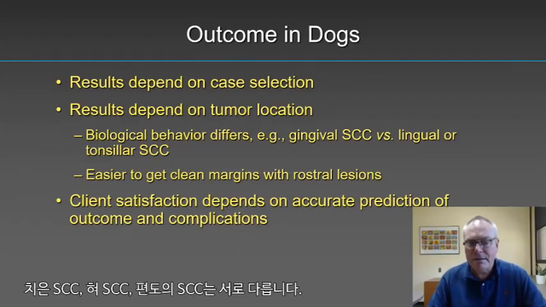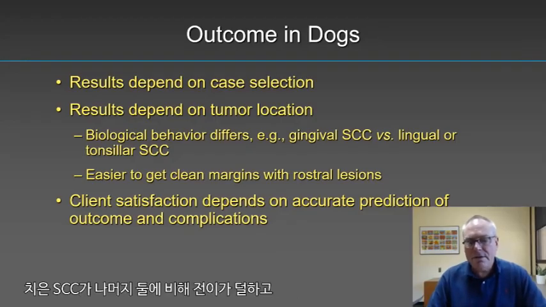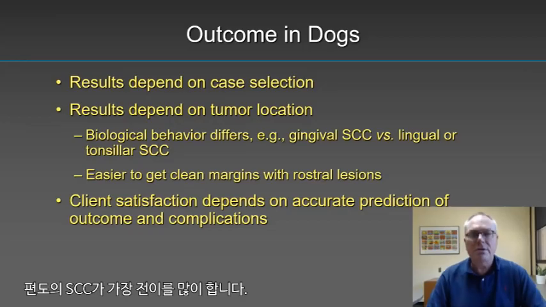For example, a gingival squamous cell carcinoma versus a lingual carcinoma or a tonsillar squamous cell carcinoma. So gingival squamous cell carcinomas are much less likely to metastasize than lingual squamous cell carcinomas, and tonsillar squamous cell carcinomas have the highest metastatic rate.